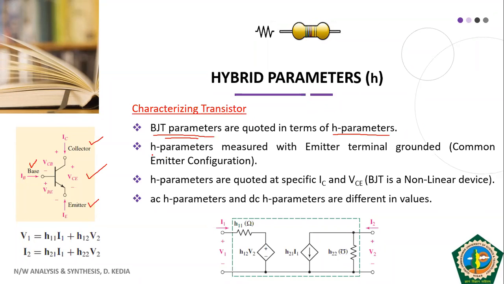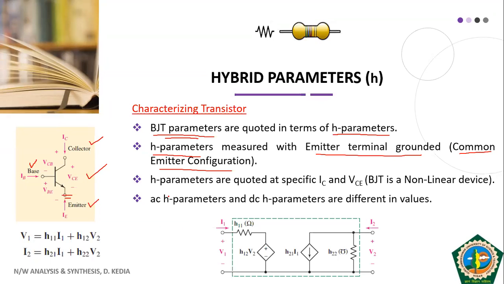These H parameters are measured when your emitter terminal is grounded, meaning common emitter configuration. In the input part we will have the base emitter junction, and in the output part the collector emitter junction.